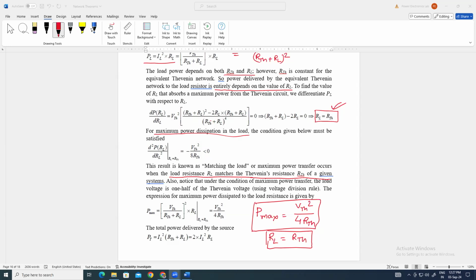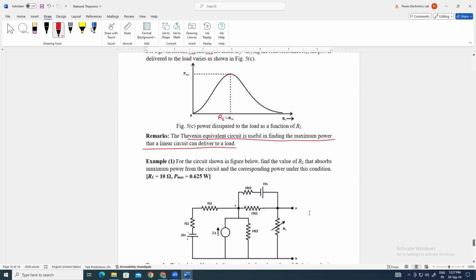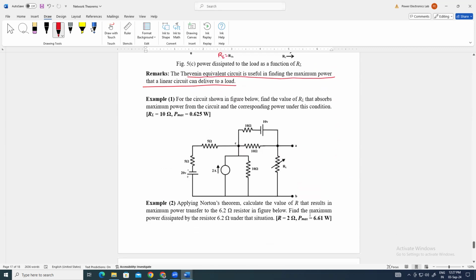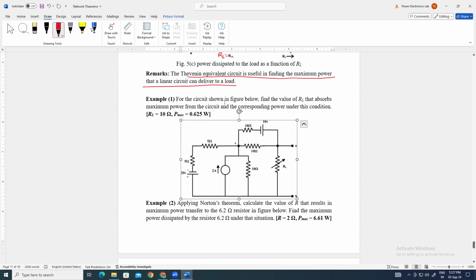Okay, so we will take an example and try to solve the problem. I will take this example first. Find the circuit shown in the figure below.